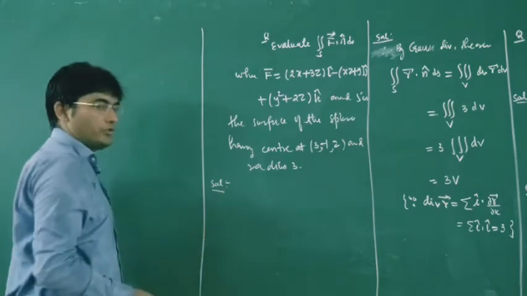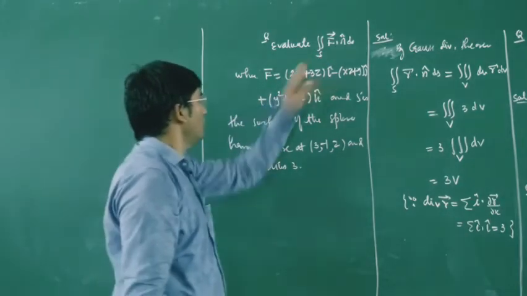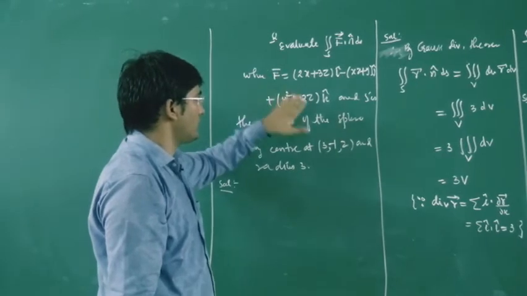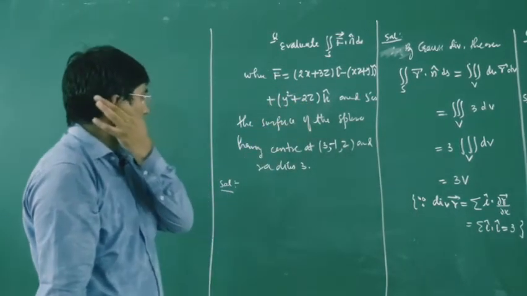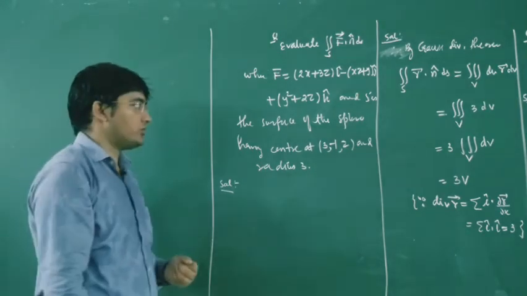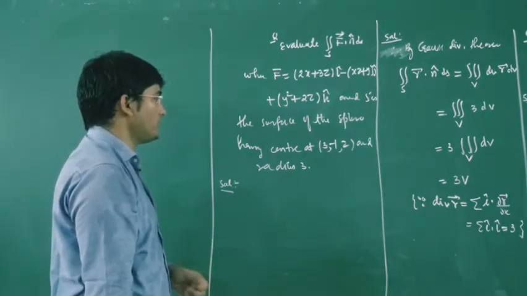So, here we have to evaluate this double integral where your vector point function f is equal to this one, and your surface is the sphere with center (3, minus 1, 2) and radius 3.